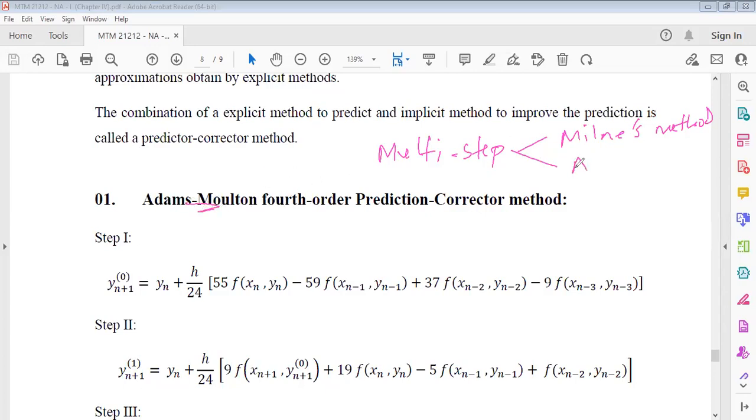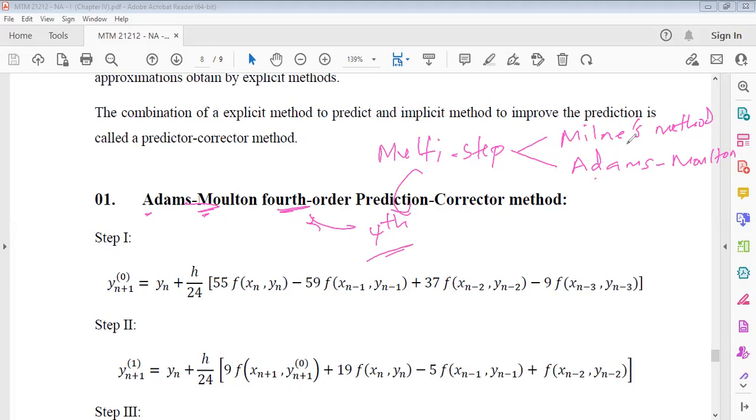The other is Adams-Moulton. Adams is one person, Moulton is another person, which is why both names are included in the method, so you have to use a capital A and M because they are people's names. Adams-Moulton fourth order prediction-correction method. Since it is a multi-step method, we can find it for the fourth order.